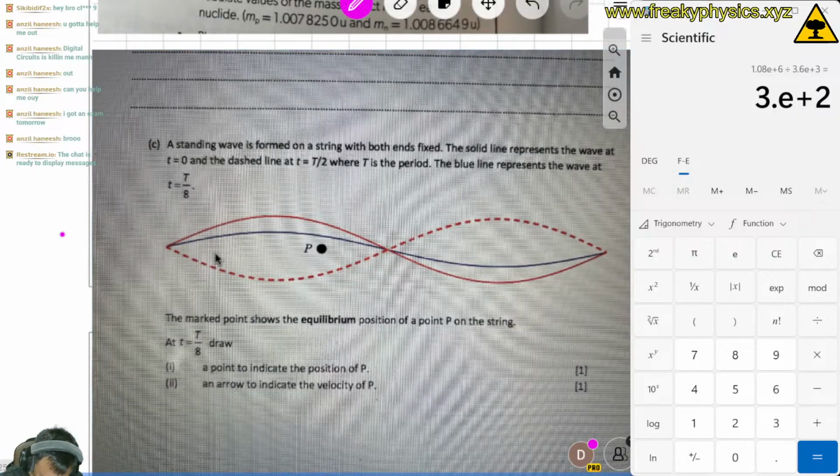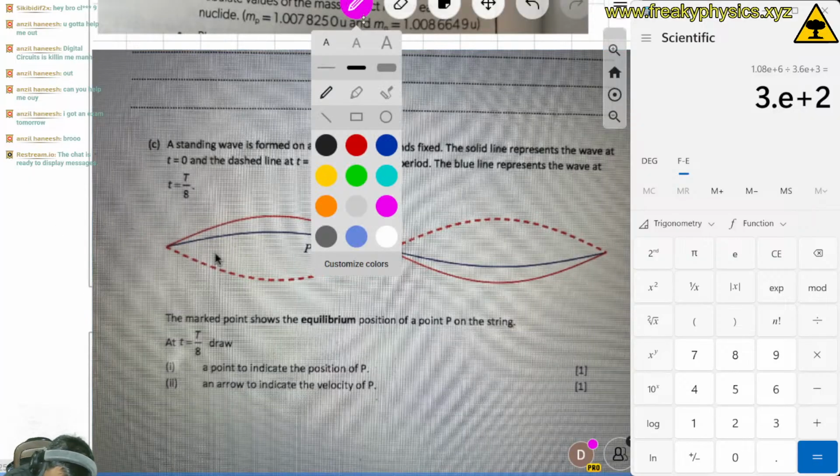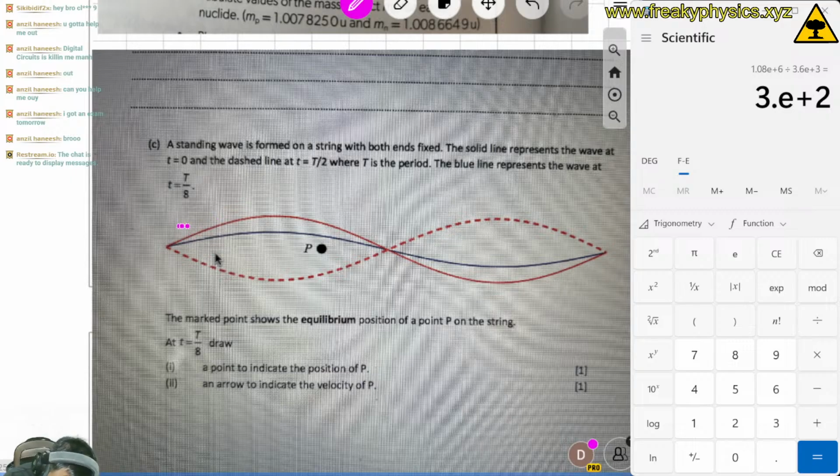So again, what does it say? Solid is t equals 0. Dashed line is half the period. And then the third one, the blue line, at t equals T over 8.